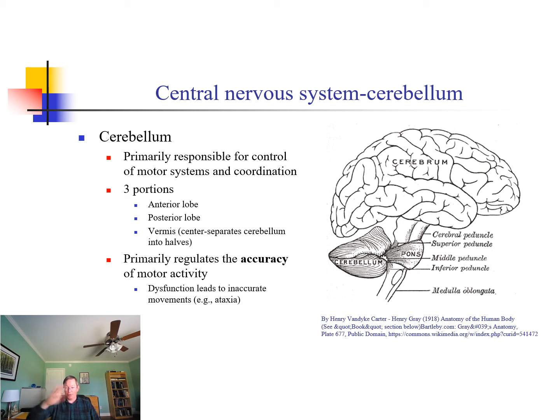For me to be able to move my hand back and forth very, very rapidly, the rapidity is not done here, but the accuracy of moving it in a certain plane or something like that is managed by the cerebellum. And so when it is not working properly, we have inaccurate movements, and that is referred to generically as ataxia. For example, if I walk when I'm intoxicated, I might have an ataxic gait.